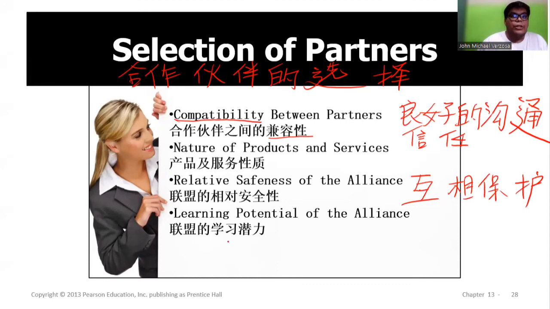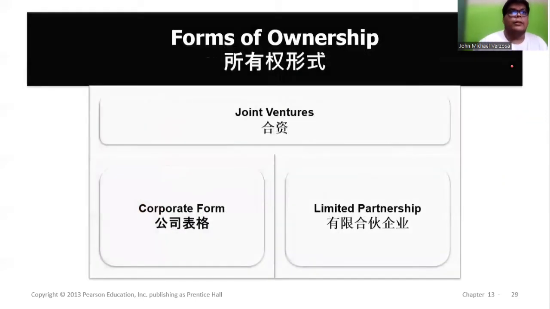And the learning potential. Okay. This one is the most important. They must learn from each other. So these are the criteria in selection of partners.